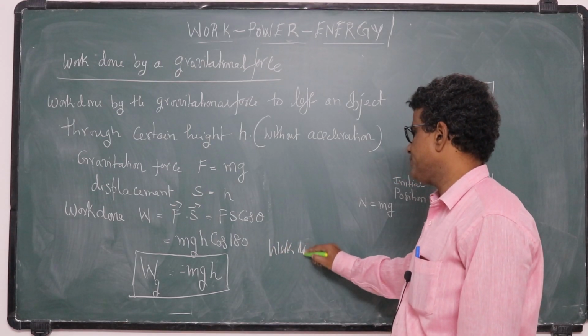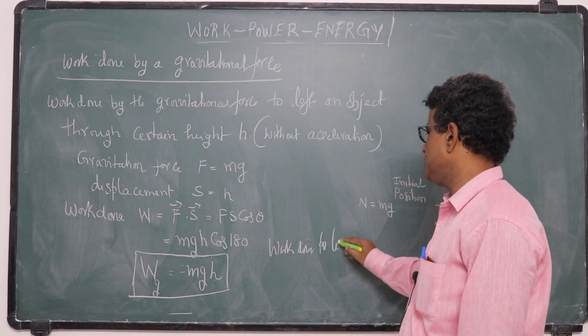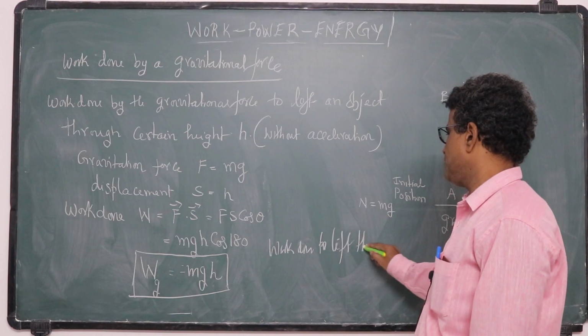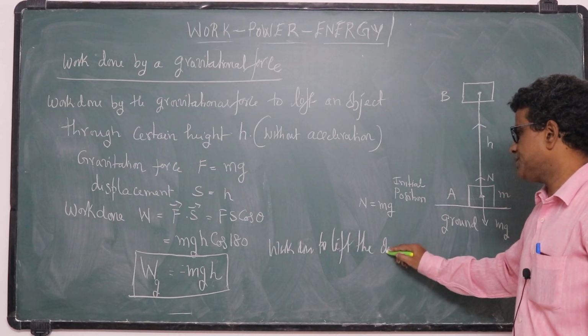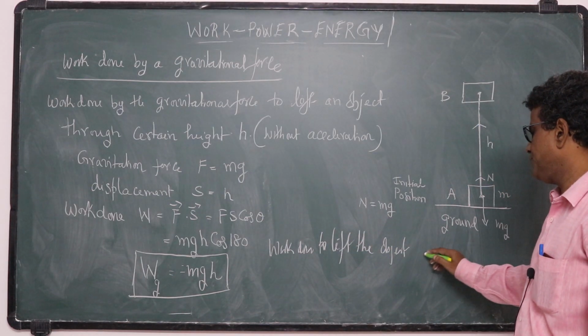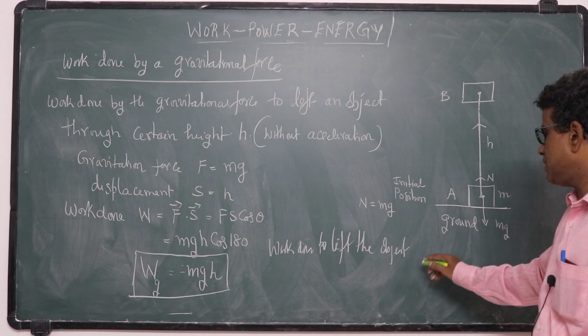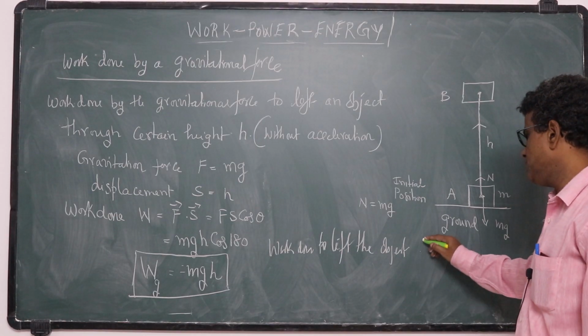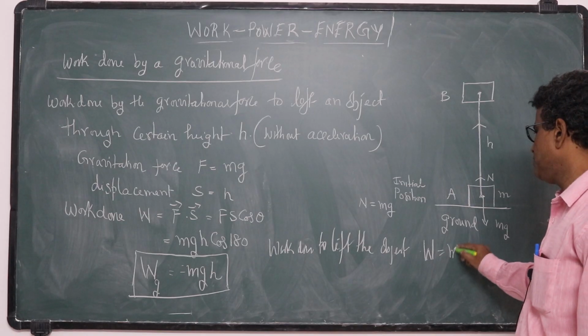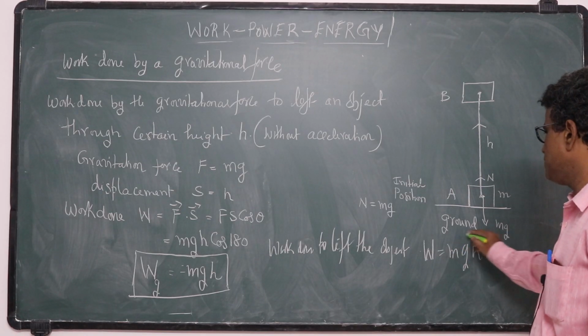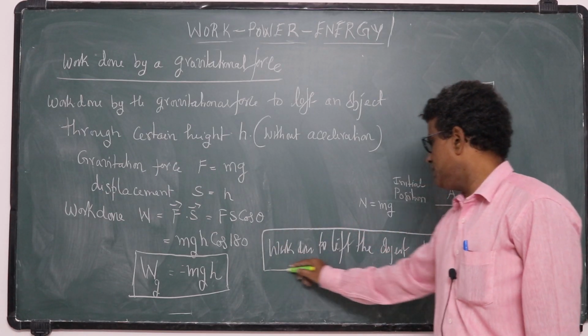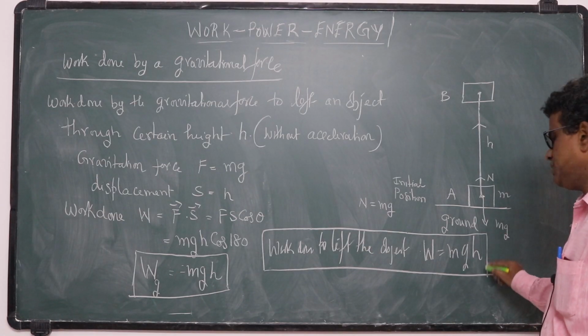How much work is done by the external agency to lift the object? That is the external work done. W is equal to mgh. So this is work done to lift the object through a height h.